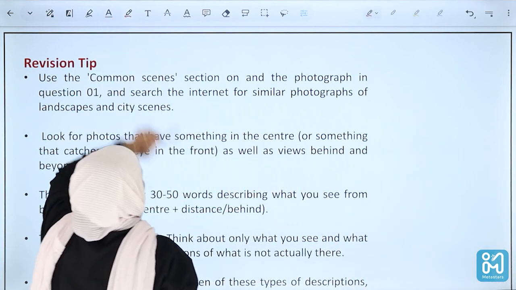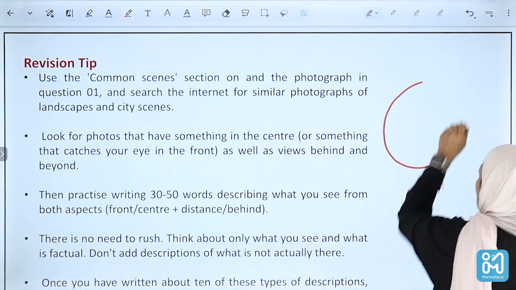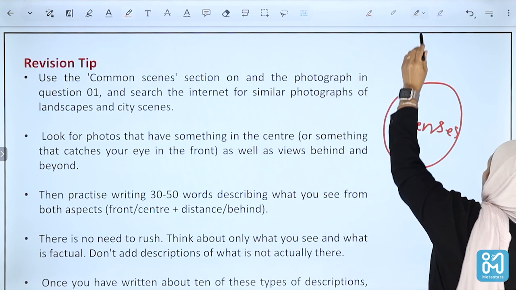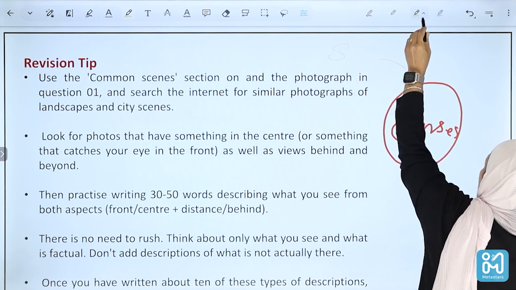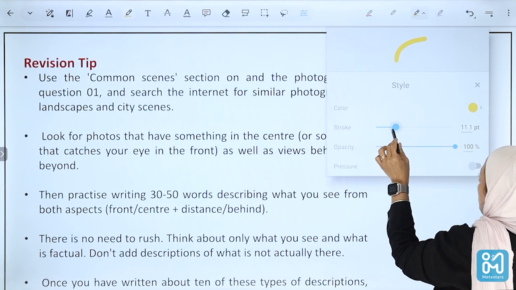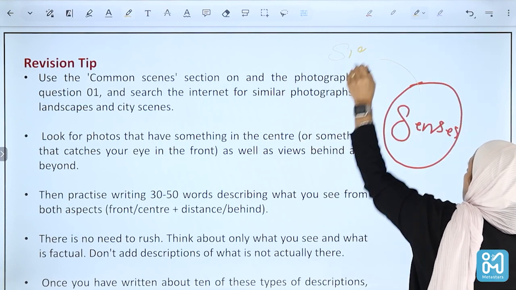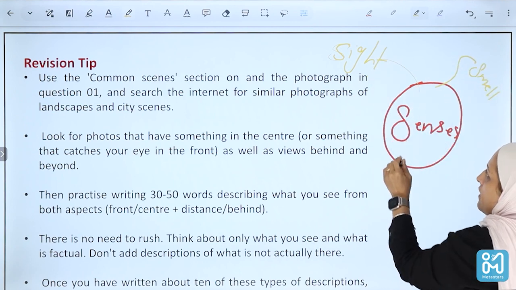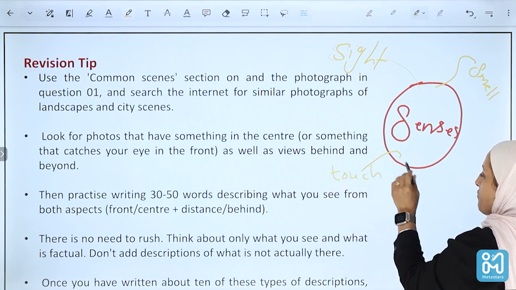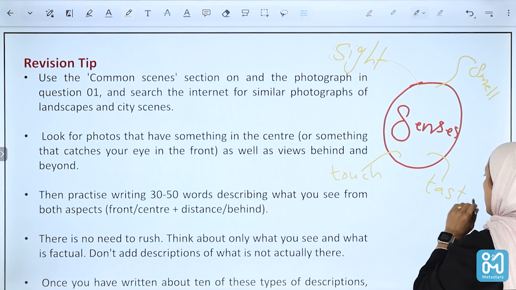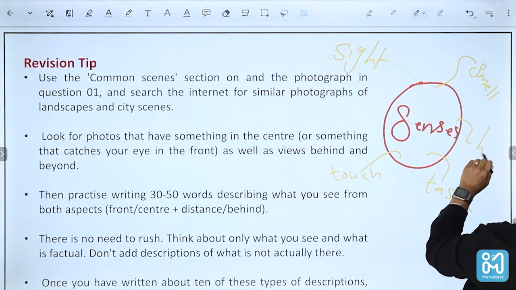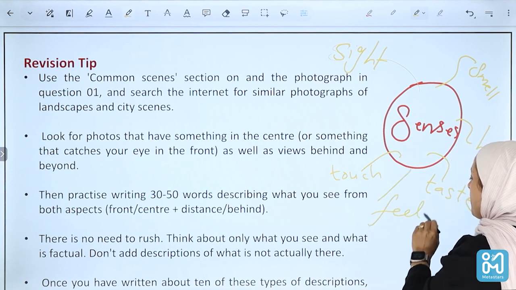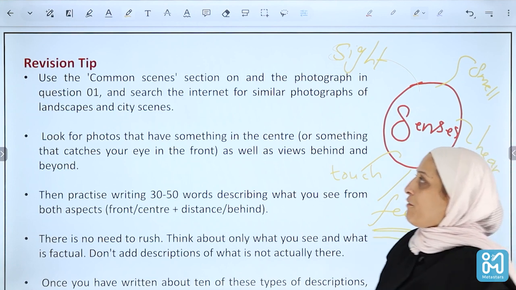When I talk about the senses, I'm talking about the 5 senses: sight, smell, touch, taste, and of course I also want you to talk about your feelings, because talking about your feelings would be very beneficial in this.